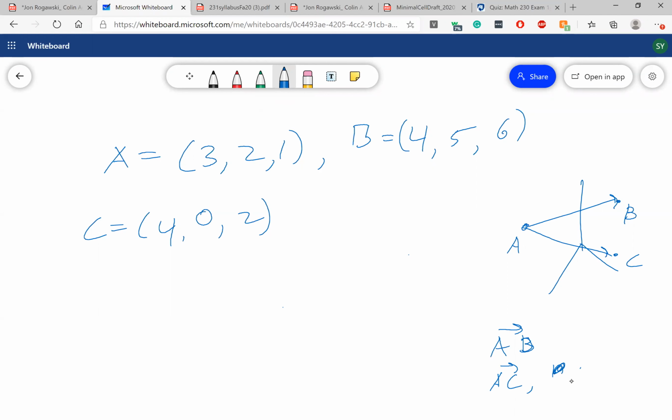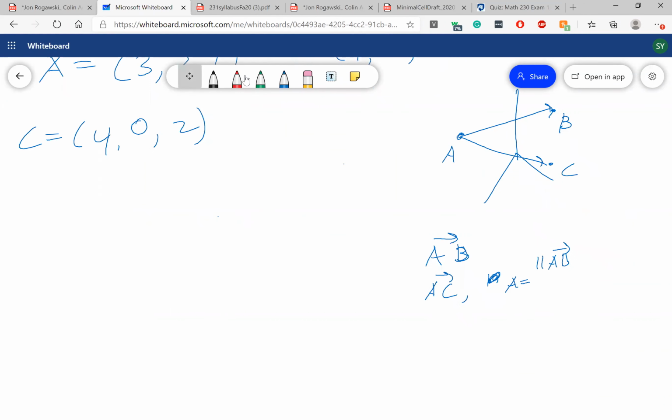The area is going to be equal to the norm of AB cross AC over 2, since it's 1/2.